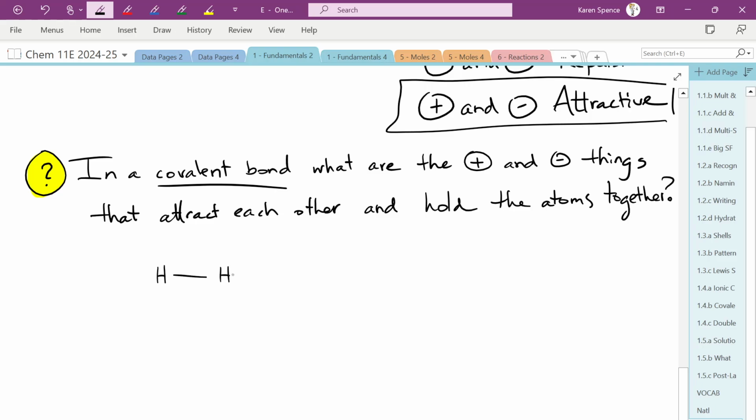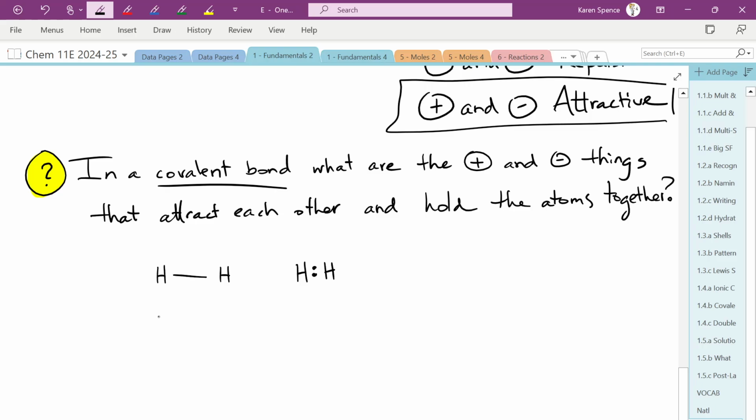So if we have hydrogen and hydrogen, we could represent it like that, or we could represent it like this, yes? Now, what's at the center of a hydrogen atom? The nucleus.